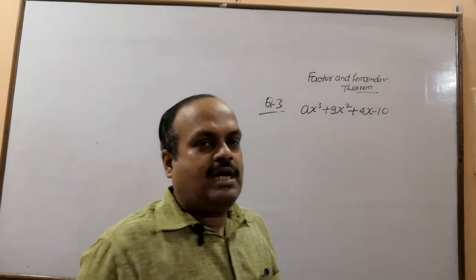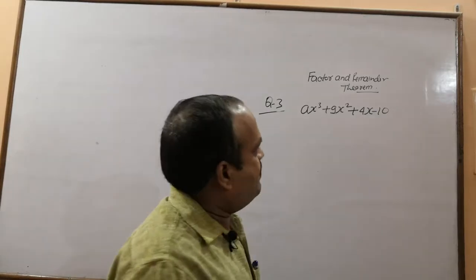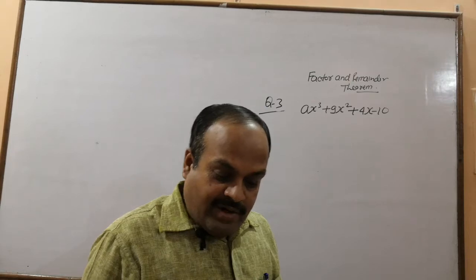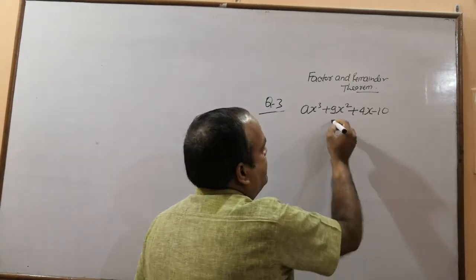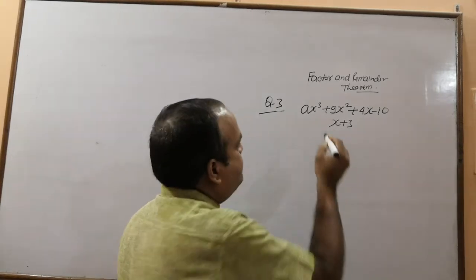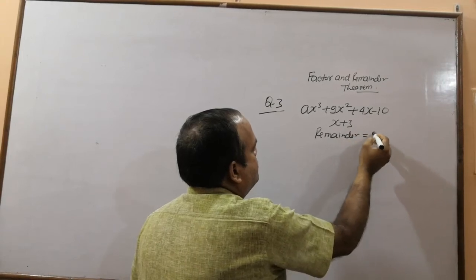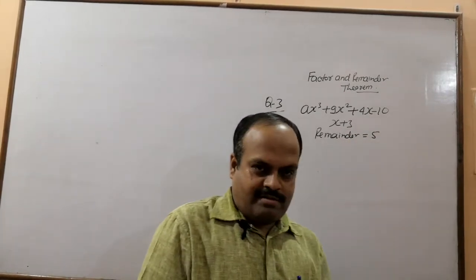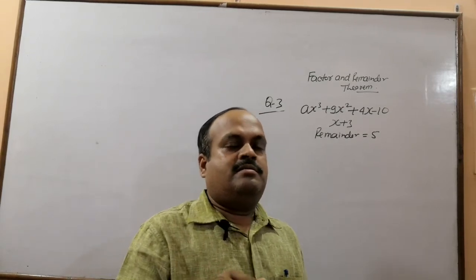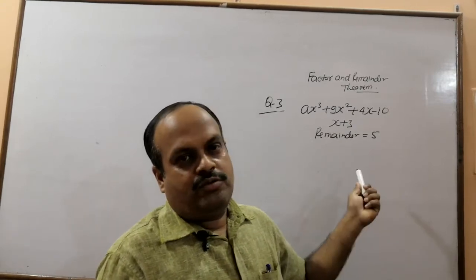This is an expression, or you can say a polynomial in x. ax cube plus 9x square plus 4x minus 10, when divided by x plus 3, leaves the remainder 5. The solution will be on the same pattern as we did in question 2. We will do this.